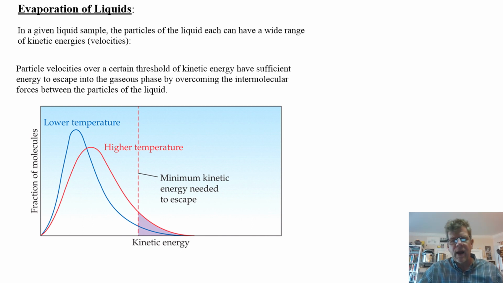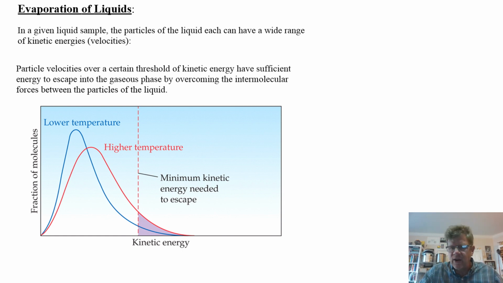Now notice, and I'll try to trace out this bell curve, at a given temperature some of our particles in the liquid are moving very slowly, like over in here. Some are moving very quickly, like on the other end of this bell curve. Most are moving at a mid-range mean velocity, but at any given time a liquid will always have these very low velocities and very high velocities. And it's the particles at a very high velocity at a given time that we want to focus on.